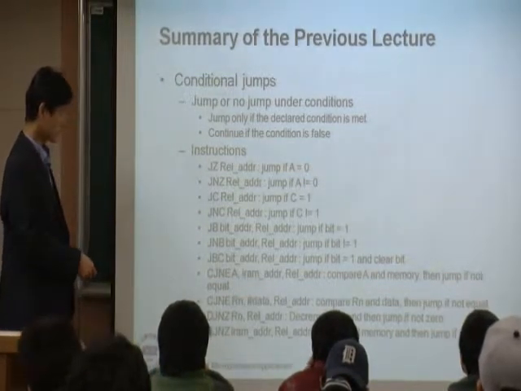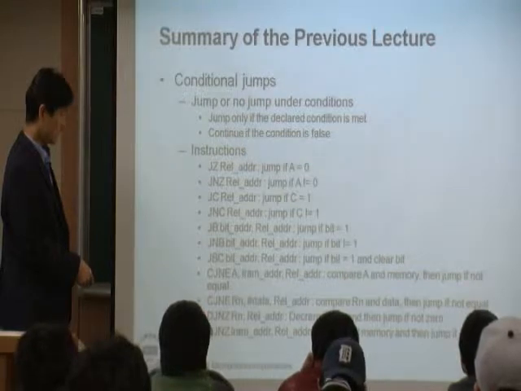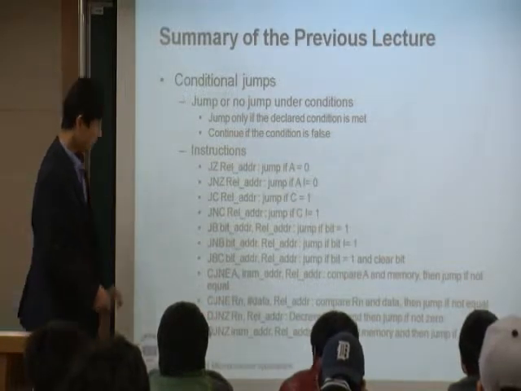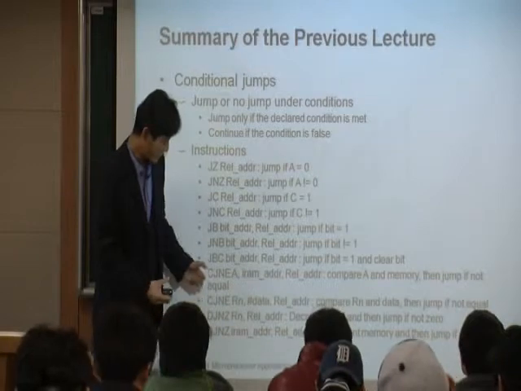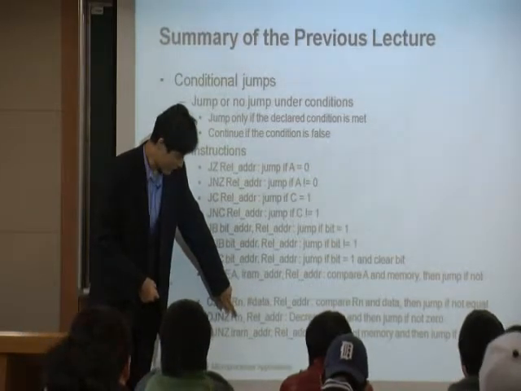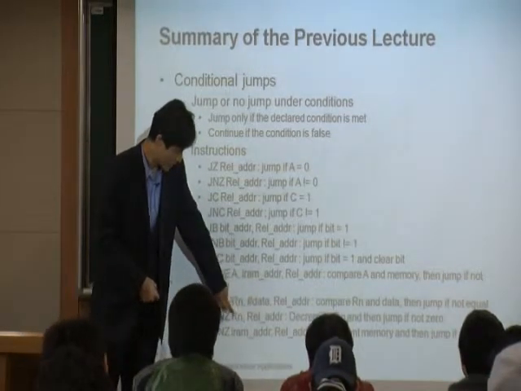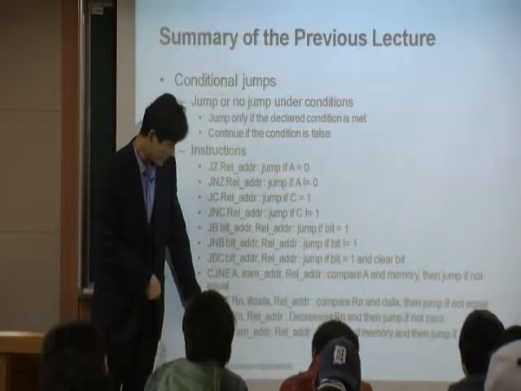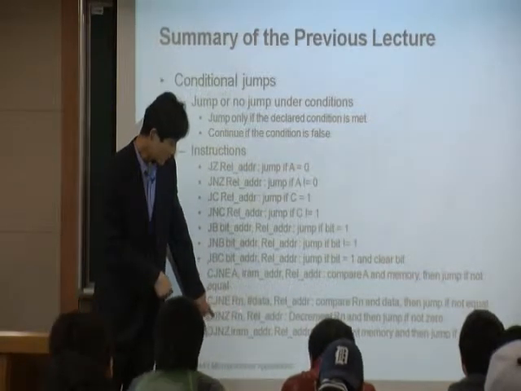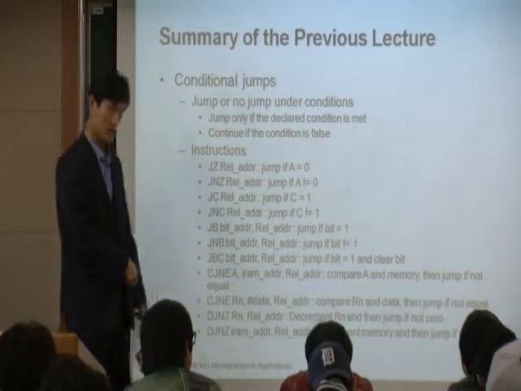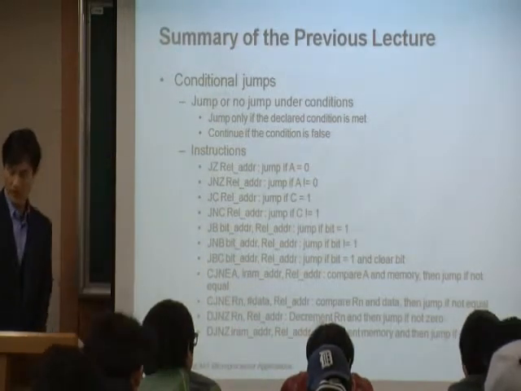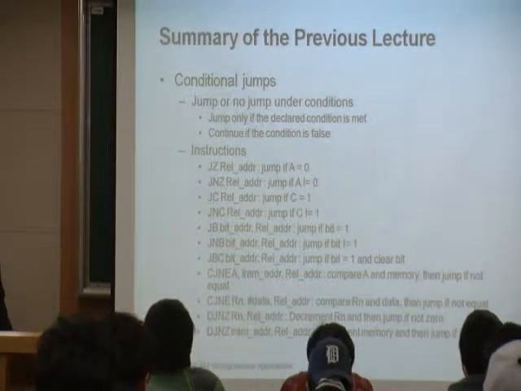Okay? Basically the same thing. DJNZ, D means decrement. So first of all, in this case, you are going to decrement the value of the first operand, in this case something like R0 or R1. So you first decrement it, and then jump if this value is not 0. Okay? You already looked at this one in the midterm, so I'm sure that you understand what it is.